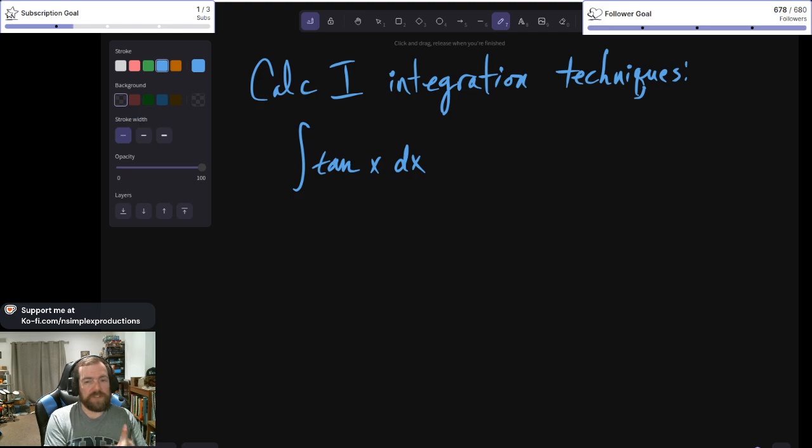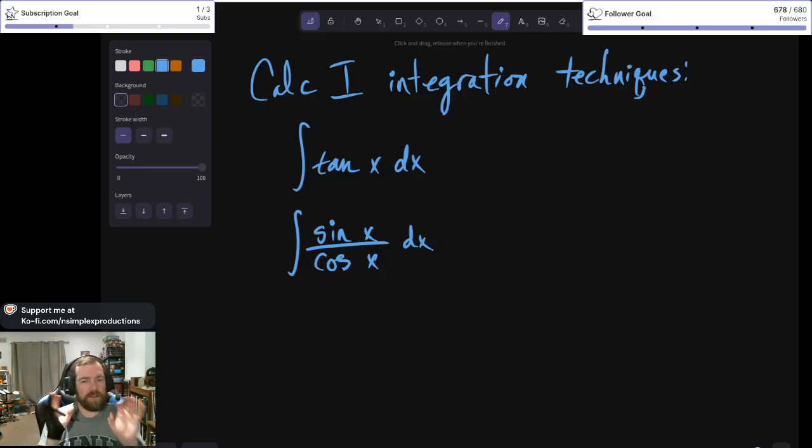This one is actually very easy, because what you can do is say, what is tangent of x? Okay, well, I know that the tangent of x dx, according to my trig teacher, is going to be the sine of x over the cosine of x dx. Does that help?